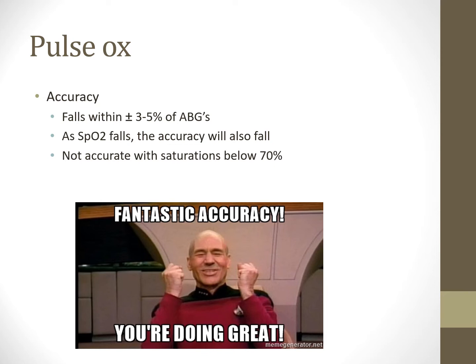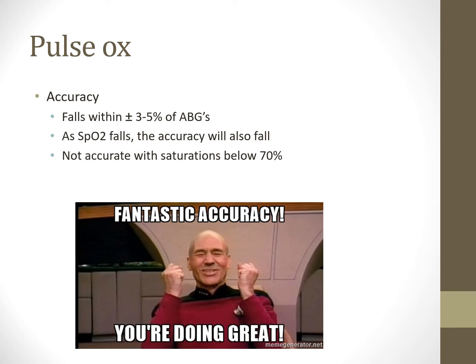If it's not, then we have issues figuring out why their saturation would be so different. Are they on vasopressors? Are they cold? Is there extra light in the room? Things like that could alter the accuracy of the pulse ox, and we have to be aware of them.